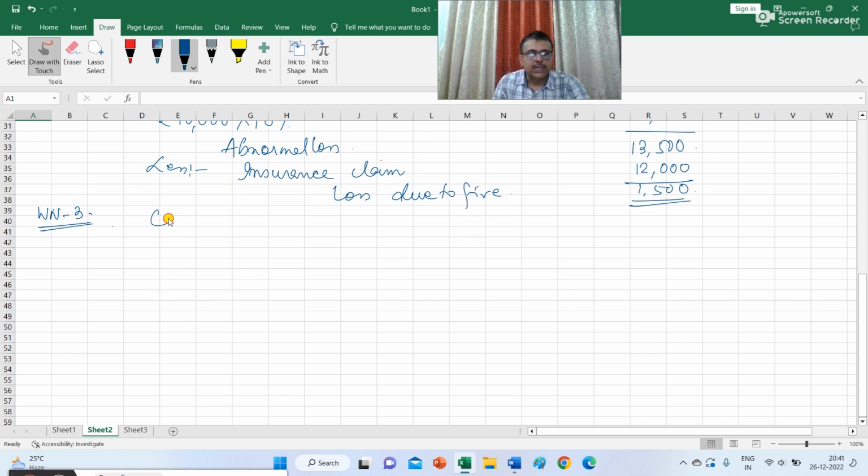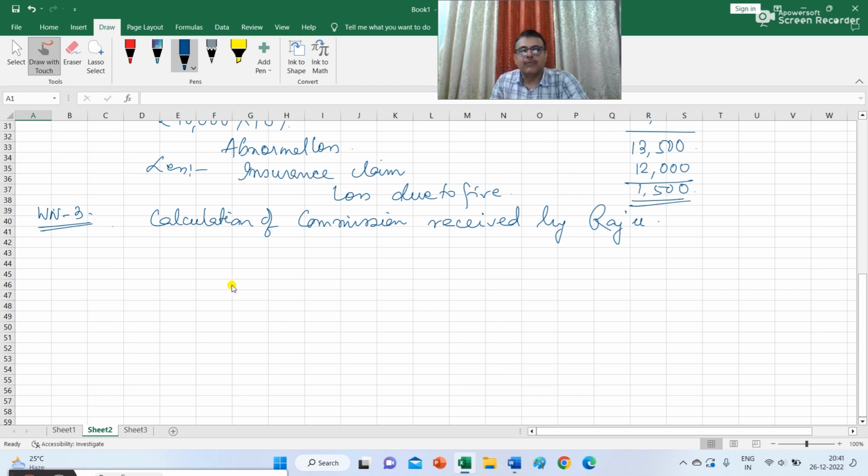So calculation of commission received by Raju. It is given that Raju is entitled to a commission of 10% at invoice price and 25% of any amount received over the invoice price.